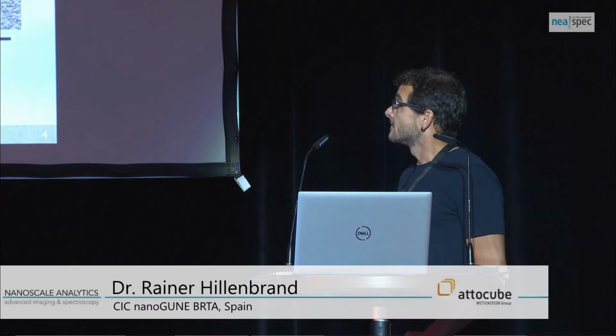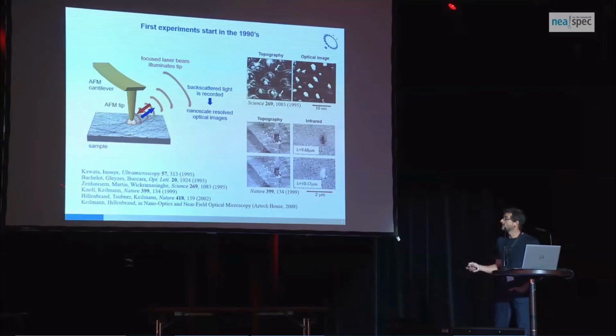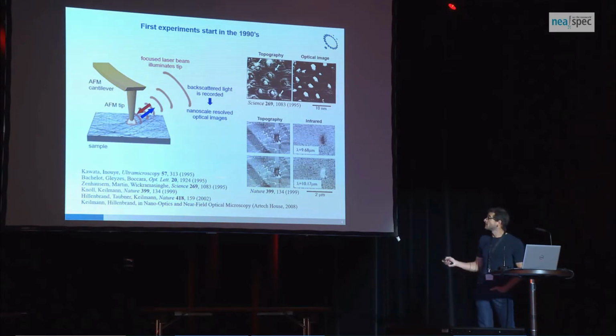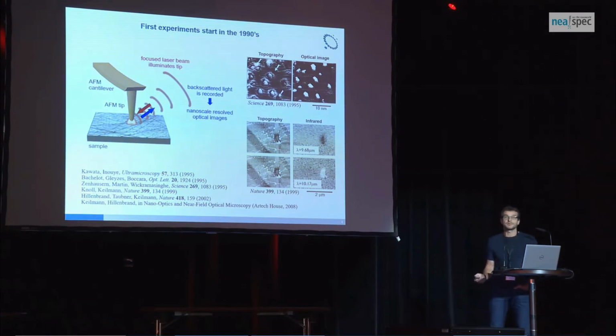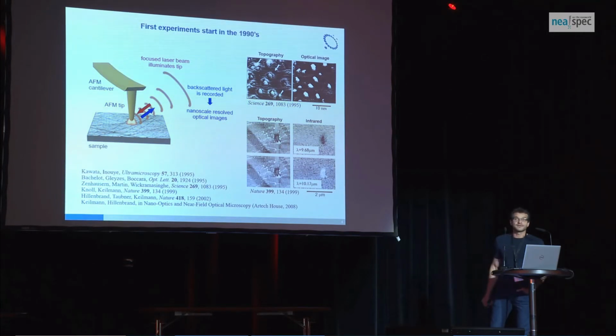So this was then picked up by Fritz Keilmann around 2000, together with Bernhard Knoll. They had this really seminal paper where they showed the first infrared spectroscopy contrast. I think that was really the beginning of what we nowadays call s-SNOM.